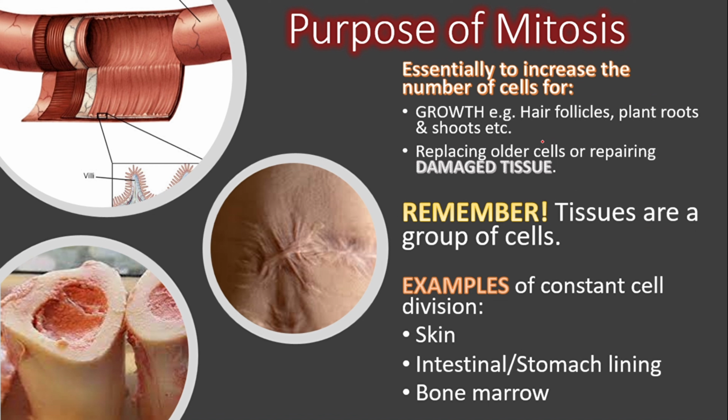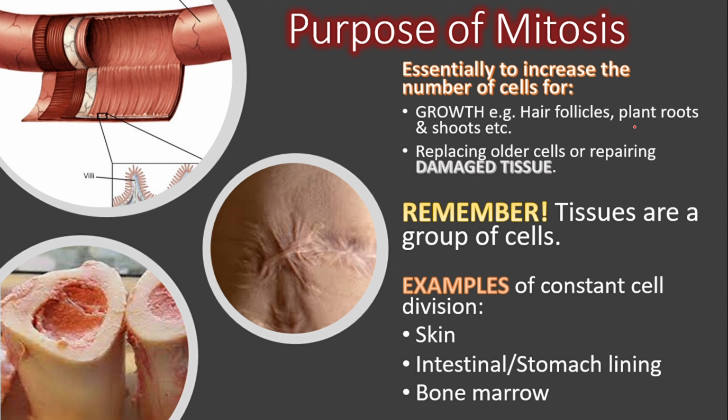The purpose of mitosis is essentially to increase the number of cells for growth. For example, hair follicles. We all have hair, and our hair grows as a result of a cell cycle, cells undergoing replication and therefore completing their cell cycle. That's the same for plant roots.